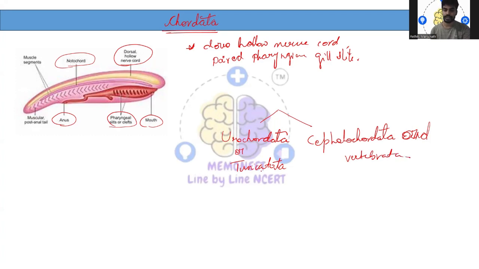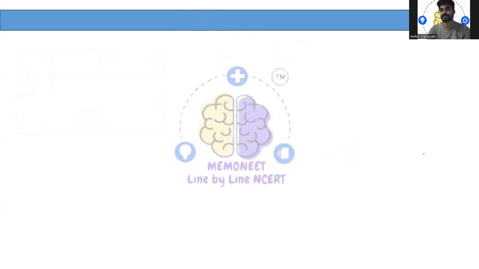So basically, they have been divided into three. But later on, you'll see that Urochordata, Tunicata and Cephalochordata have been placed together, and then you'll see the Vertebrata again as separate. Vertebrata is again divided into many. So for the moment, you have to concentrate more on the subphylum Vertebrata.